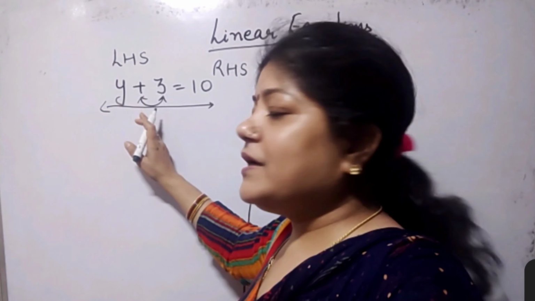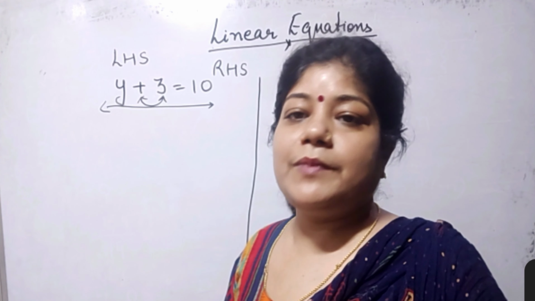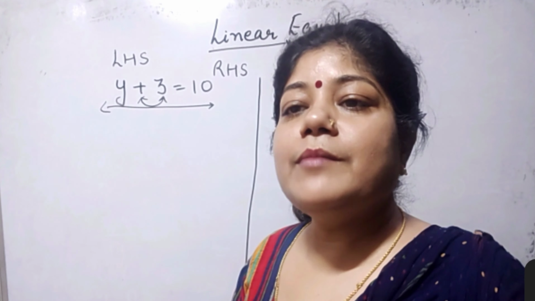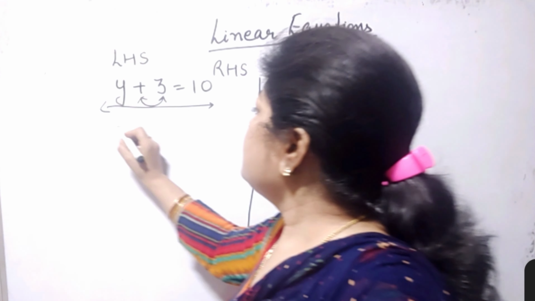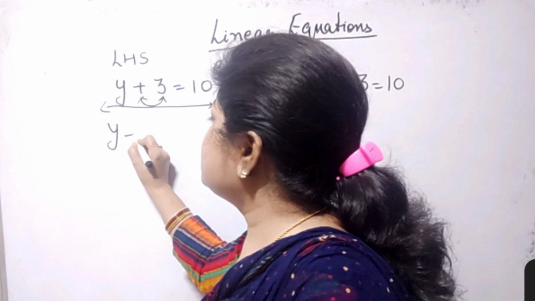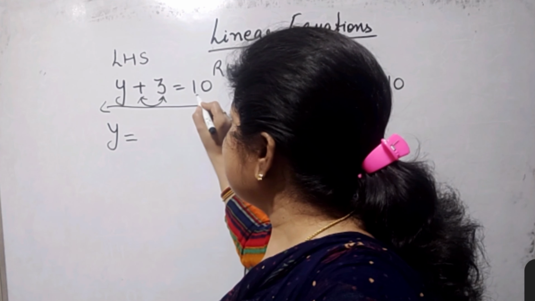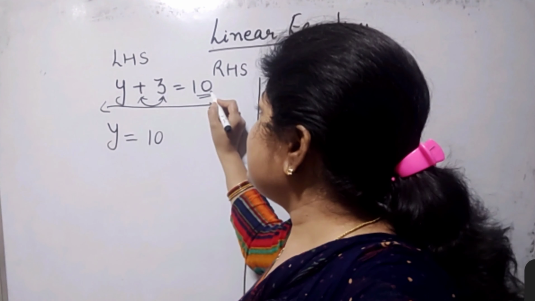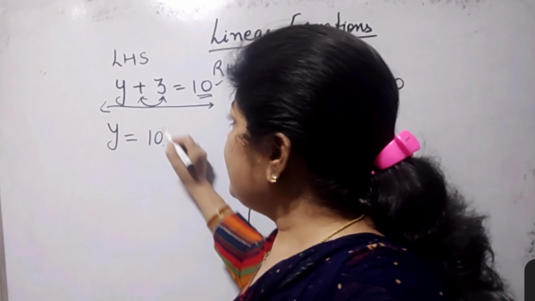If we have plus, it becomes minus. If we have minus, it becomes plus. This is a very silly mistake normally made by a lot of students. So it is y is equal to, don't write 3. Firstly write 10. Firstly write the digit which is after equal to. Then this is plus 3, then we have minus 3.